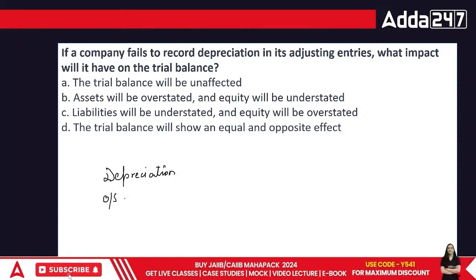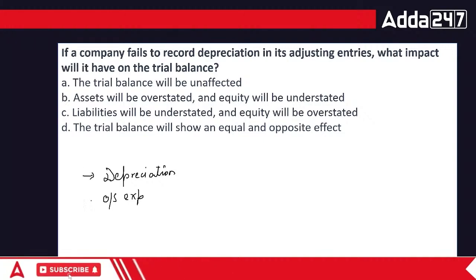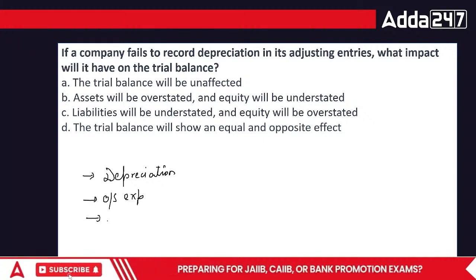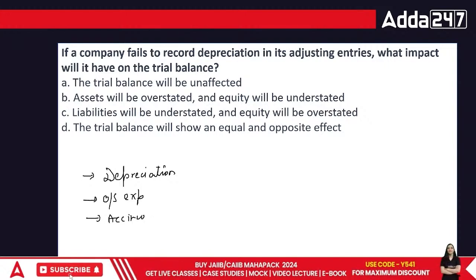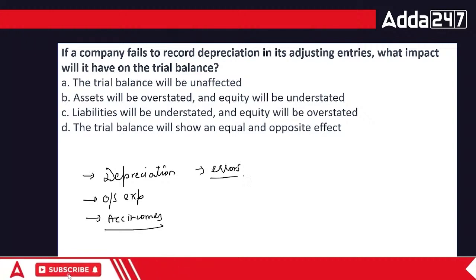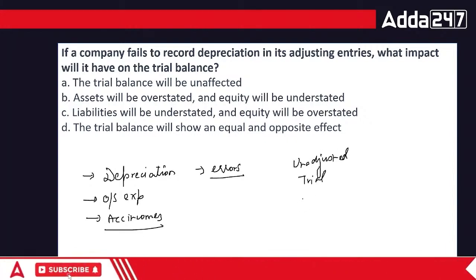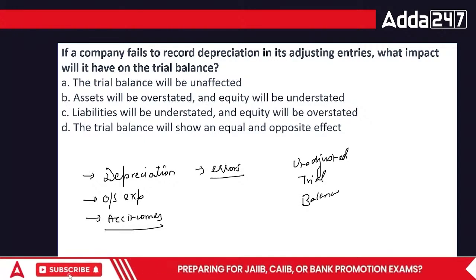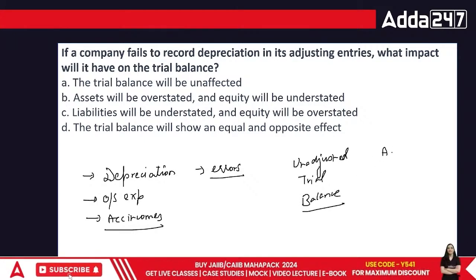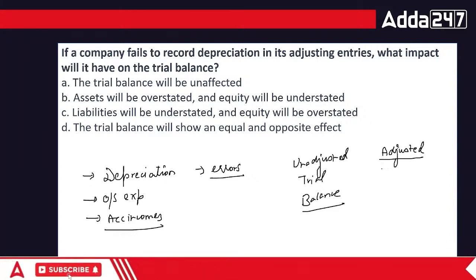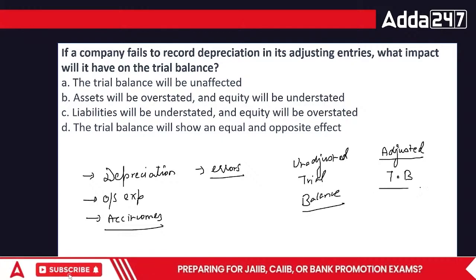Then come the outstanding expenses. Then comes the area of accrued incomes, the incomes which are yet to be received, and any other errors that we have just found. When these errors are not yet adjusted, that is called unadjusted trial balance. And when it has been adjusted, that means all these errors are corrected, then it becomes adjusted trial balance.